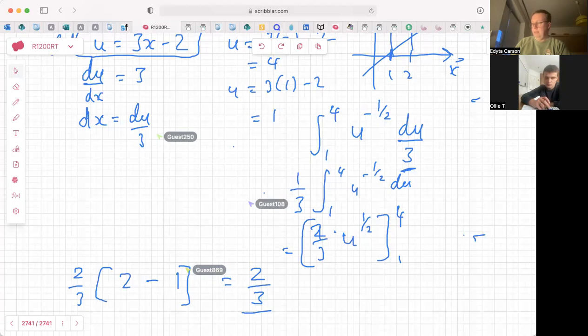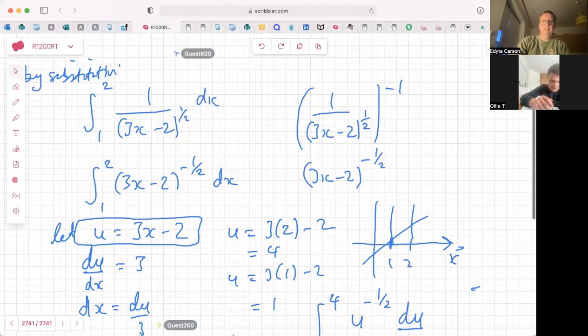So let's have a look. Do you want to type it in or should I get it? Just trying to find the actual integral. So it's the integral of 1 over (3x minus 2) to the power 1/2 between the limits 1 and 2.